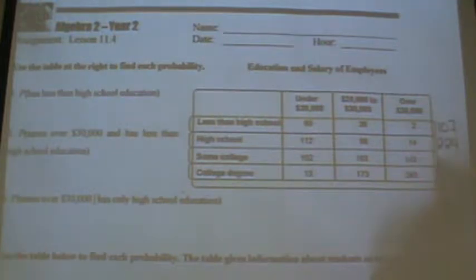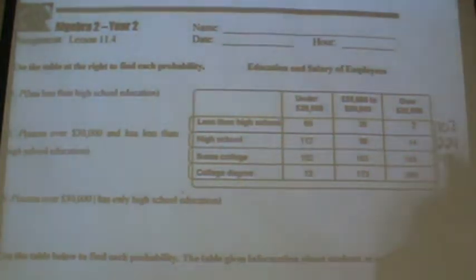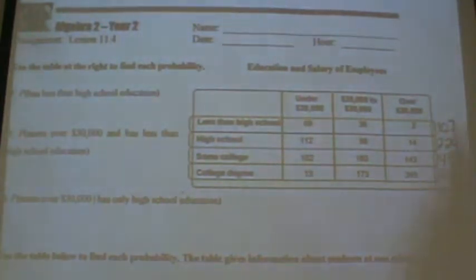Some college is 438. And college is 431. And then you can add those and you'll get your total number of students that you have. And when you add these four numbers, you get 1,200.